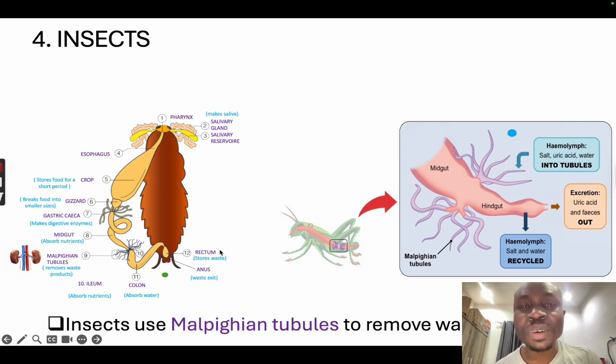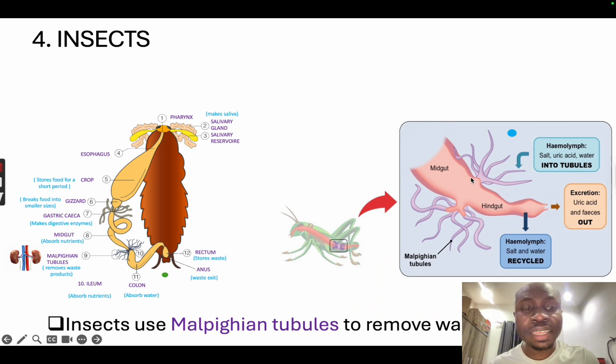Now, how do they work? Around the Malpighian tubules, in the spaces here in the body, there is the blood of the insect, which is called the hemolymph. Inside this hemolymph, we have salt, uric acid, and water, right? Now, the uric acid and the water and the salt will move into the Malpighian tubules.